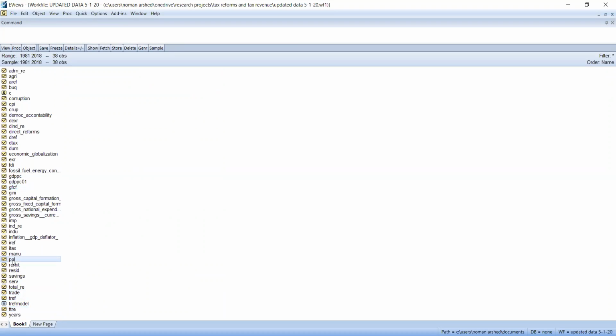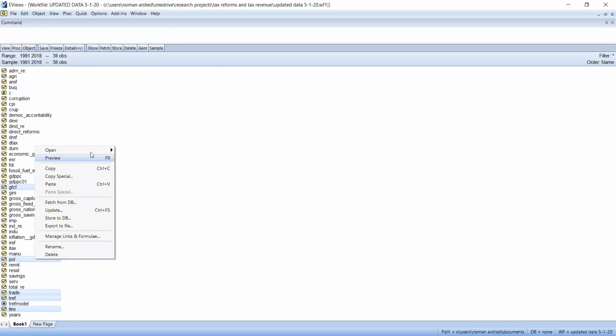So I will select political stability. If you press control, you can select all of them. Control, dependent variable first, and you'll select the polity, which is political stability, trade openness, and investment. So these are your 1, 2, 3, 4, 5 variables.